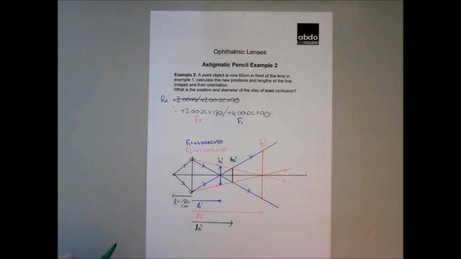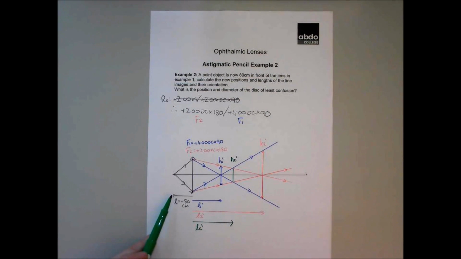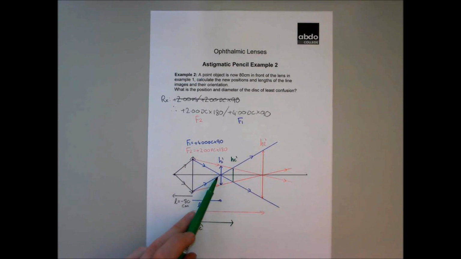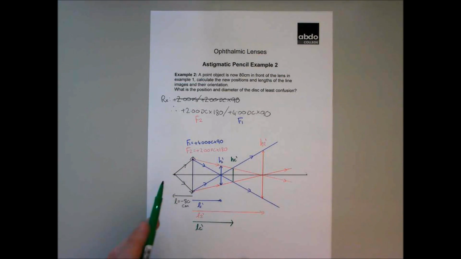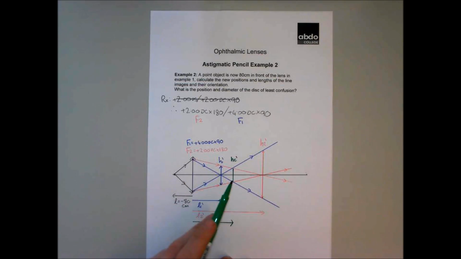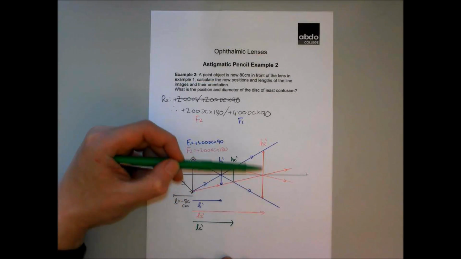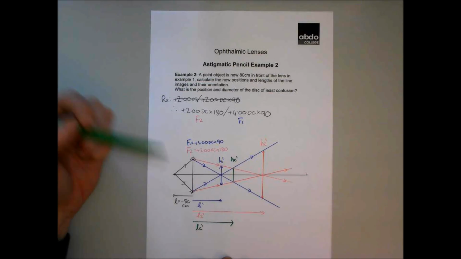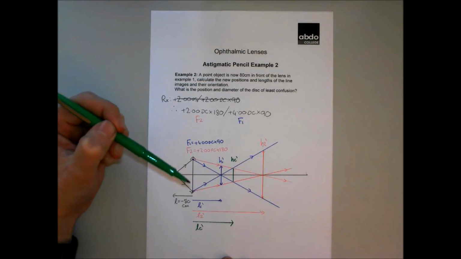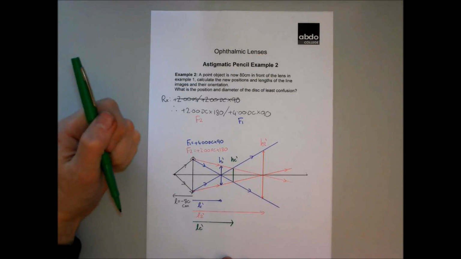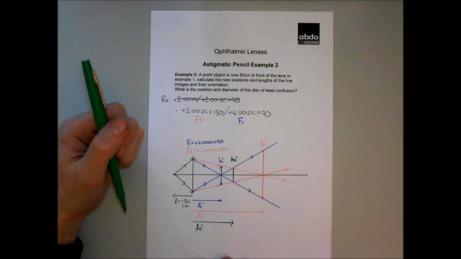What we're going to do in a moment is ray trace from our object through F1 to find the position of l1 dashed. Then we're going to ray trace again from our object through F2 to find the position of h2 dashed. We can then look at finding the sizes of h1 dashed and h2 dashed, either using ratios between vergences or by using any set, and we have got a few sets, of similar triangles that exist in this diagram.